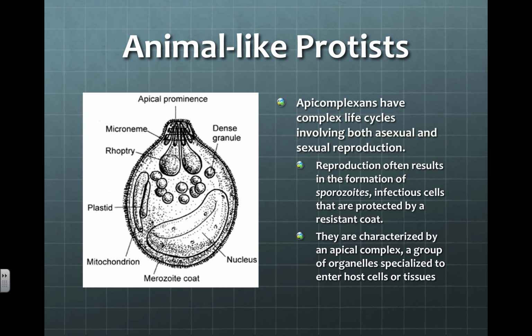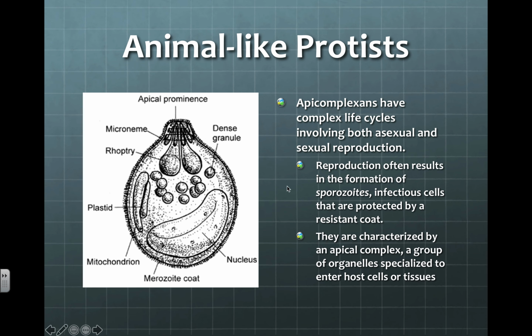I am not going to ask you about micronemes and these particular organelles, so don't worry about these. Just know that in the apical complex, or the prominence up here, it is designed to be able to gain entry into the host.